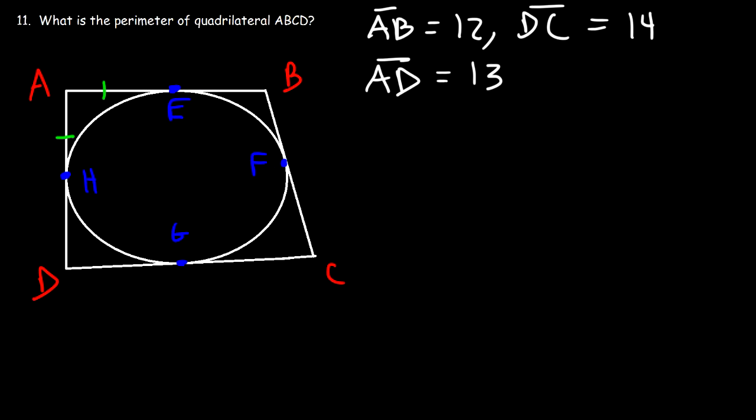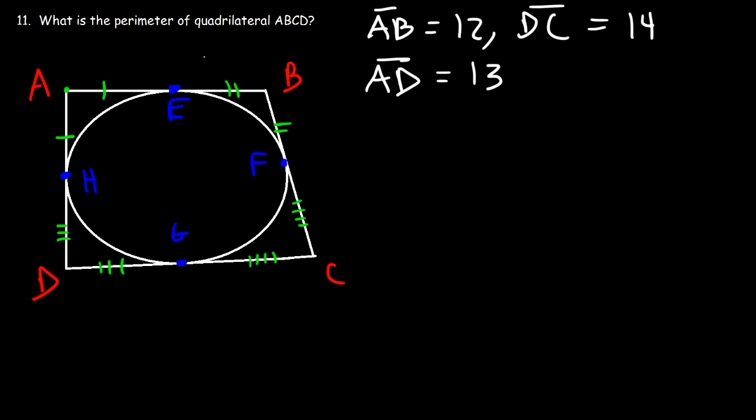Anytime you have two tangent segments that extend from a common endpoint, those two tangent segments are congruent. So EB and BF are congruent. This is based on the two tangent theorem. DH and DG are the same, and also GC is equal to FC.